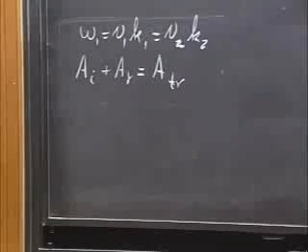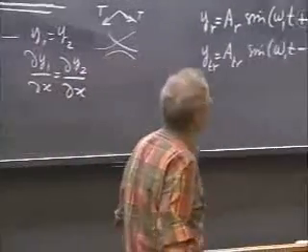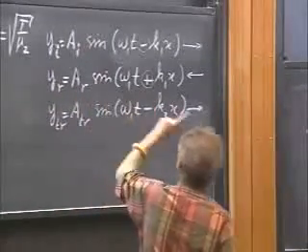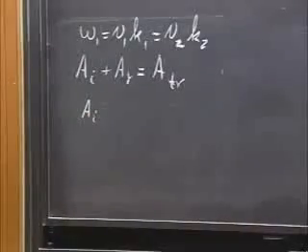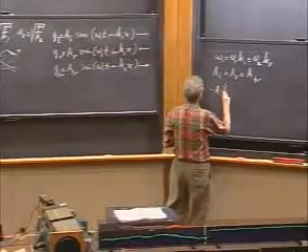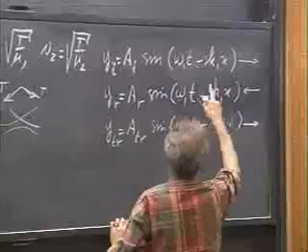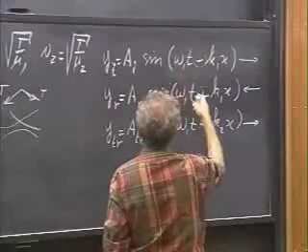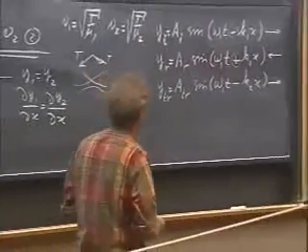I can now take the derivative of my function, dy1/dx. When I do that, the first one is going to be A of I, and then the derivative with respect to x gives me a minus k1 here. And then I get a cosine of omega 1t, because x was 0, remember. Each term will have a cosine omega 1t, so I will dump all the cosine omega 1t's.